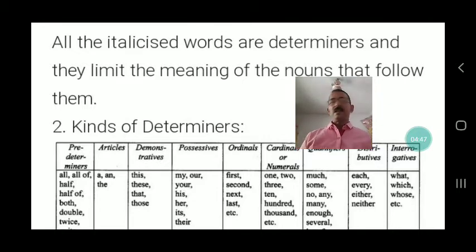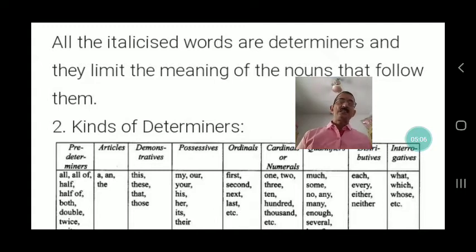Moreover, adjectives can be placed before or after a noun, as in mangoes are sweet and these are sweet mangoes.